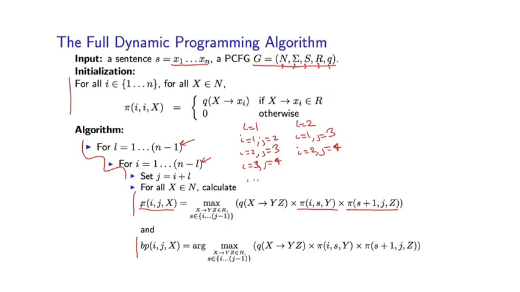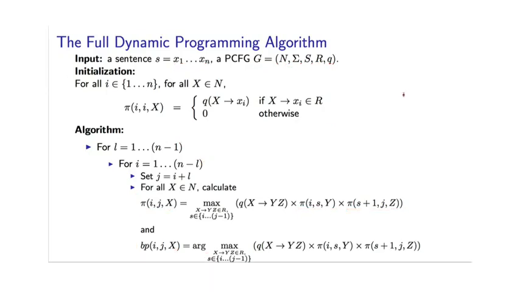So in addition to storing pi(i, j, X), I have BP, for back pointer, (i, j, X), which is the argmax. This records which rule and which split point actually achieved this maximum value. Once you've filled in all of these values, it's straightforward to use the back pointers to trace back the parse tree that is the highest probability tree under the grammar.